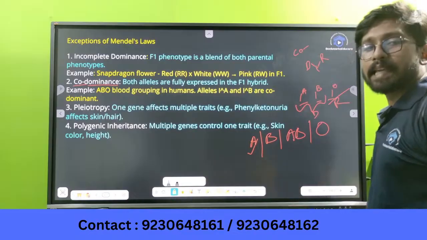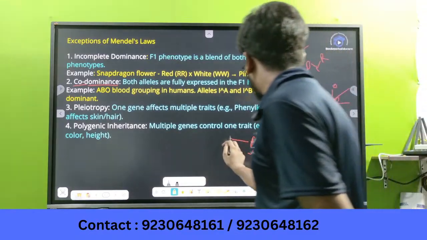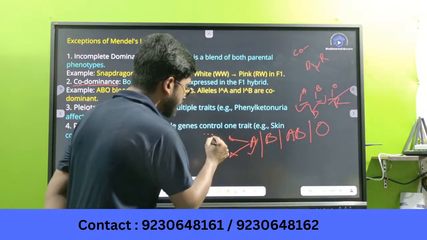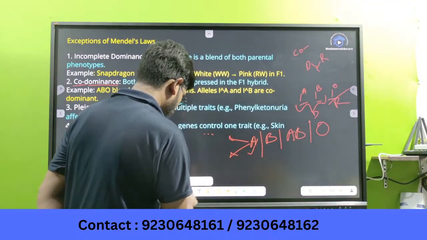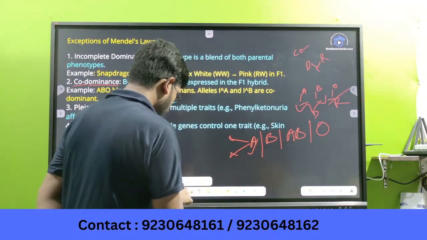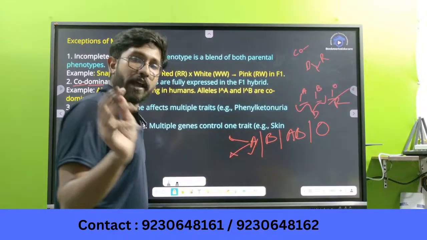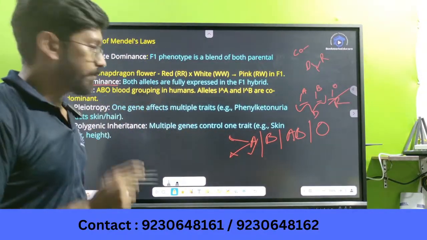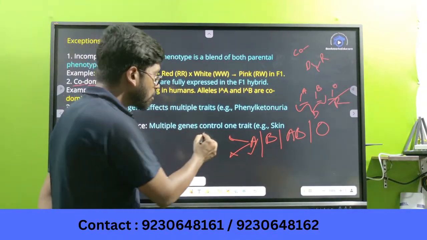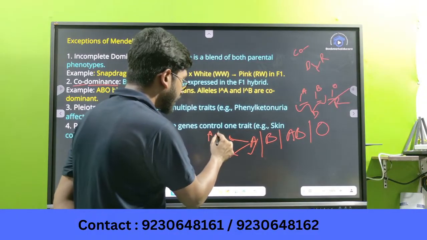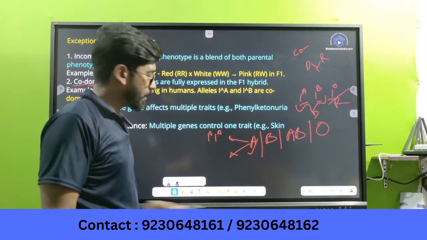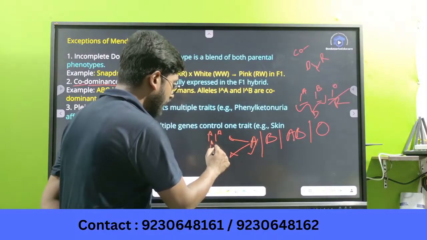So when we are getting A, obviously we only have two options to get the phenotype A. One is IAIA, because it is dominant characteristics, or IAIO.